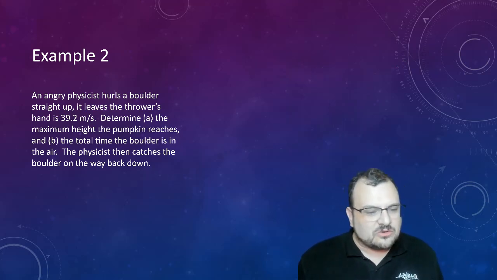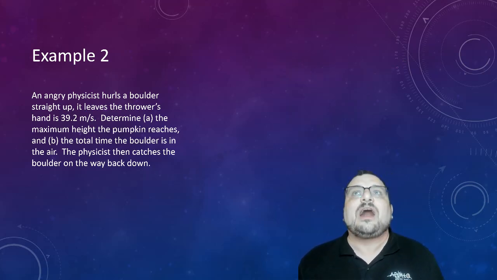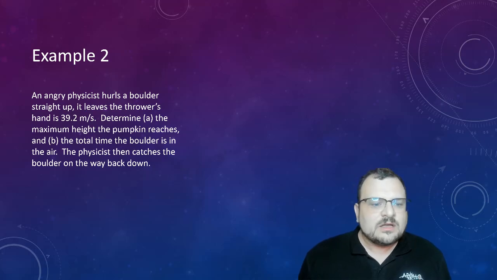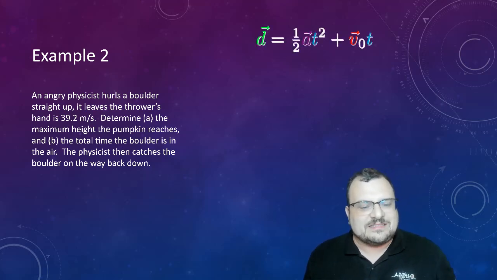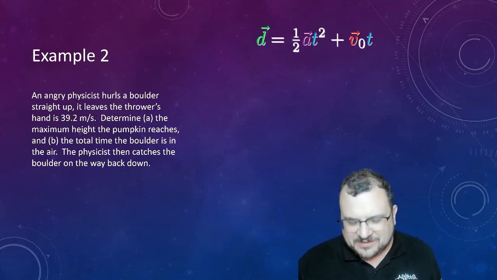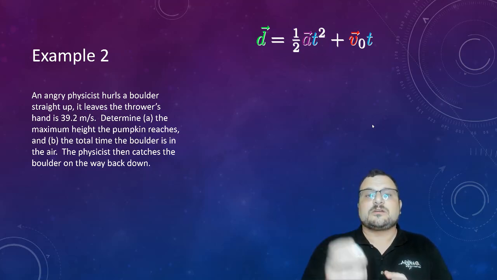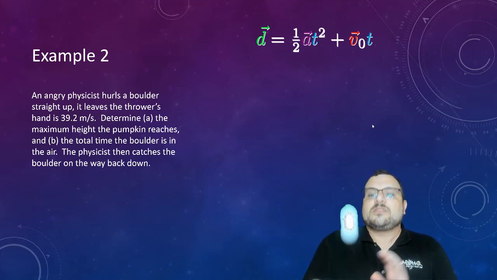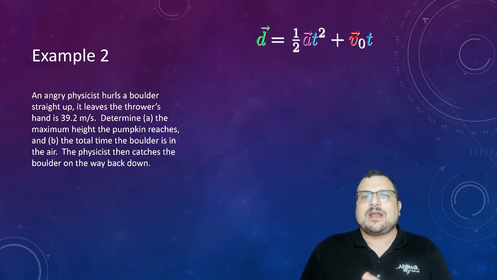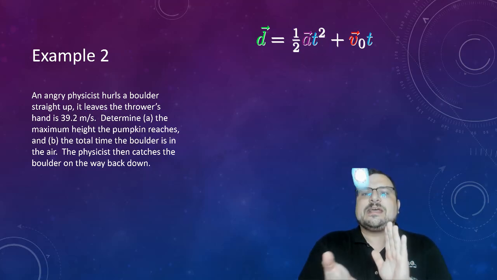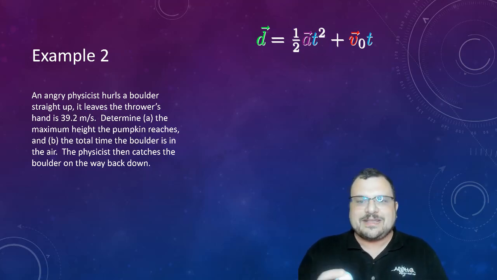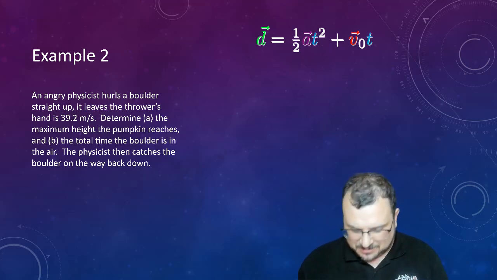So we also wanted to determine the time that it's up in the air for. So what we can do is take this d equals 1/2 at squared plus v naught t equation and solve for t. Now when I toss the golf ball up in the air, the displacement between when I have thrown it and when I have caught it is 0 because I am throwing it and catching it at that same location.